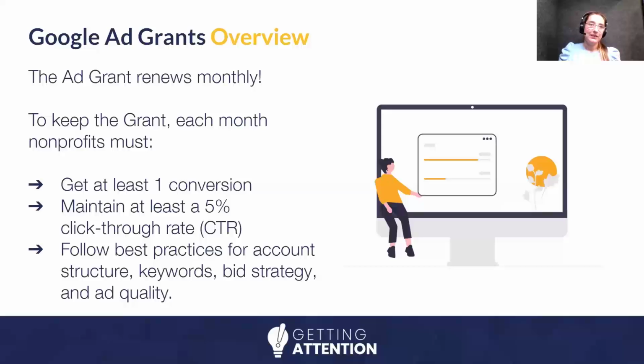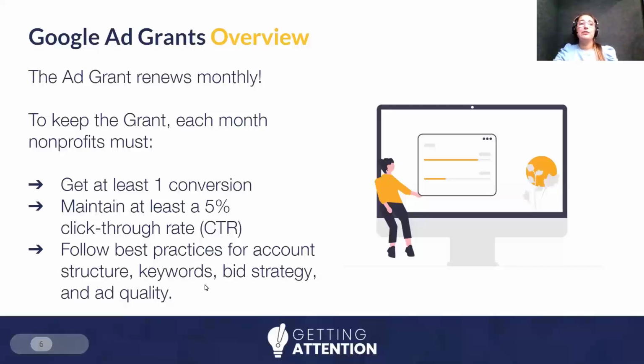Google doesn't want to give nonprofits free money and then have the nonprofits show people a bunch of bad ads that cause Google's users to say, maybe Bing is actually the right fit for me, right? So as you're thinking about the ad grant, you want to also be thinking about what Google's incentives are behind some of these requirements.